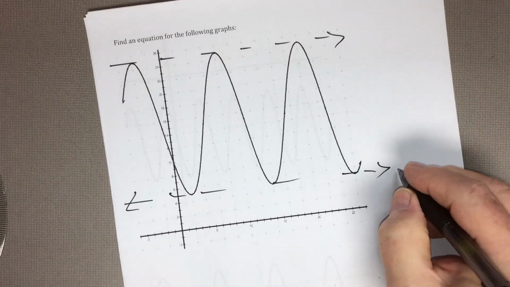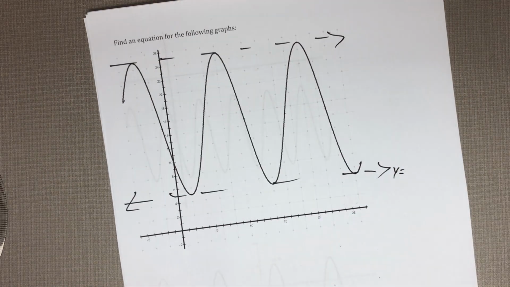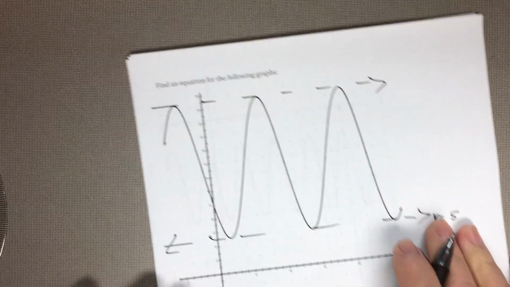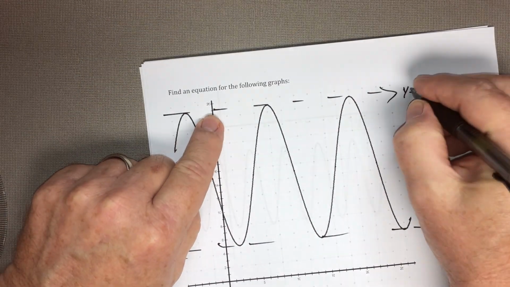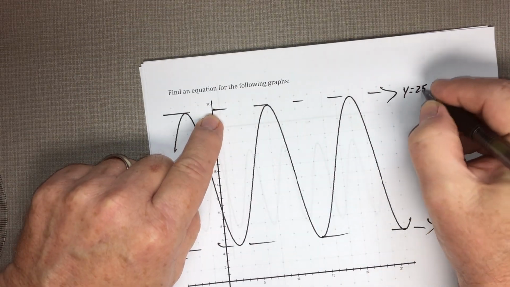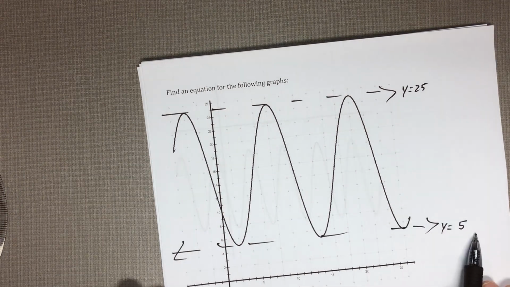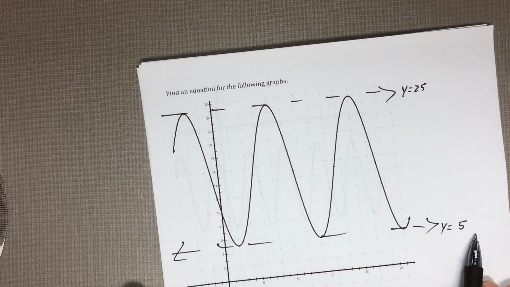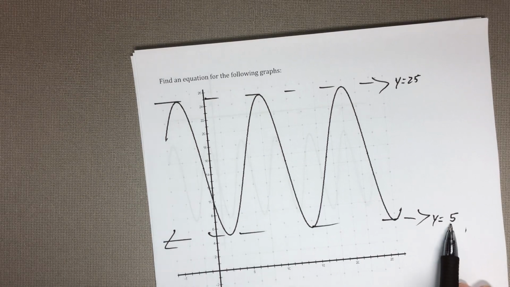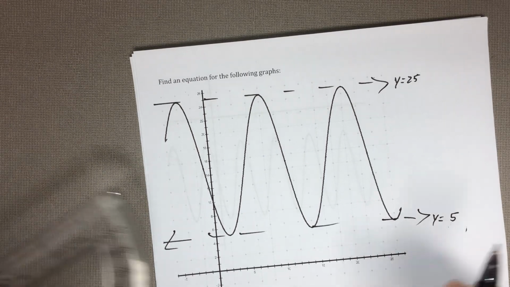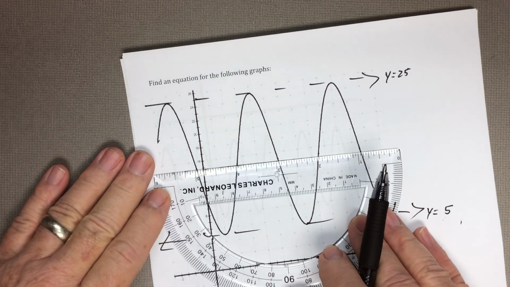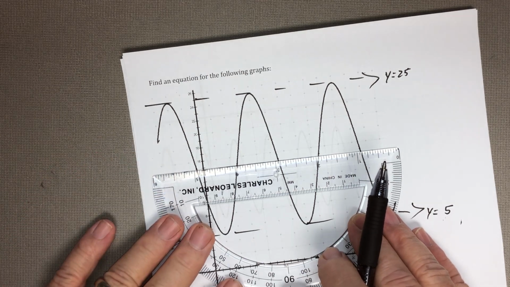This one is y equals 5, and up here, y equals 25. Well, the distance between those is 20. Half of that is 10, so if you add 10 to this bottom line, you get y equals 15. Y equals 15 is going to be your midline.